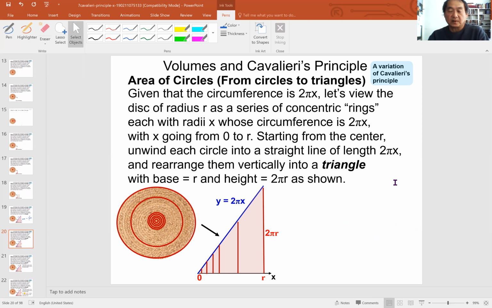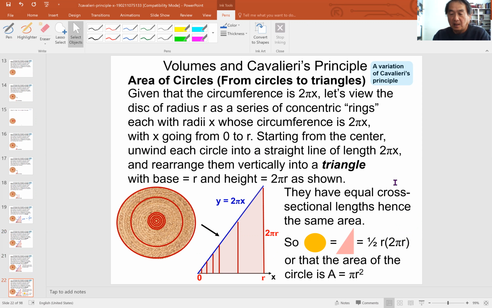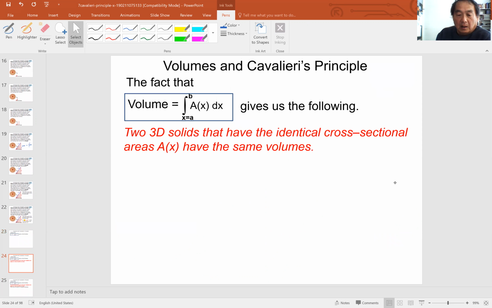Another way to look at it is that if I straighten everything out, the area of the circle is the area of this triangle. You calculate the area of this triangle, and you easily see this gives you the area of a circle, pi r squared. So this is another variation on the Cavalieri principle.